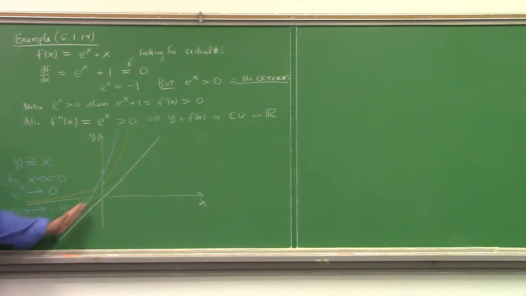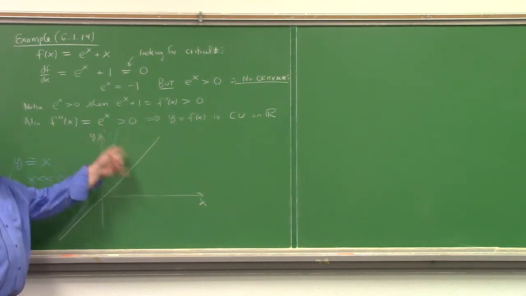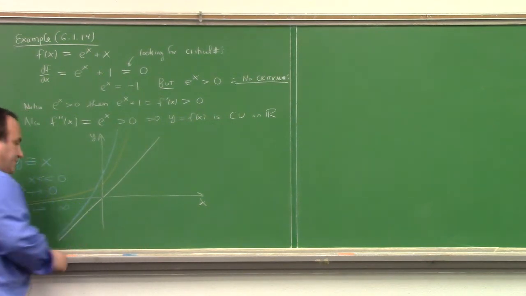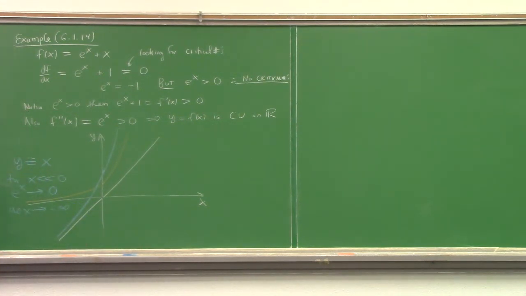So it's going to track y equals x down there. And then for x going to infinity, it's basically the exponential plus x, but it's always concave up. That's pretty much it. There are no critical points. Any questions? Okay.